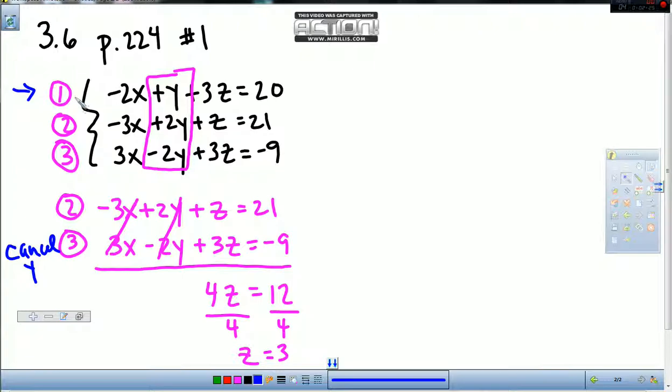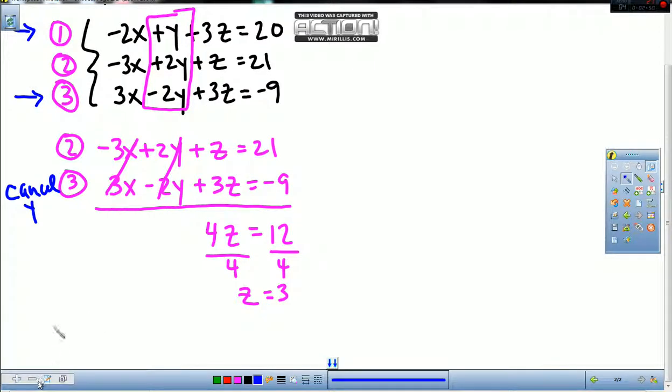I'm going to choose equation number 3 to use the elimination method with, because we have a positive y here and a negative y here. If I just multiply equation 1 by positive 2, then my y's will be able to cancel. So I'm going to pull that down.